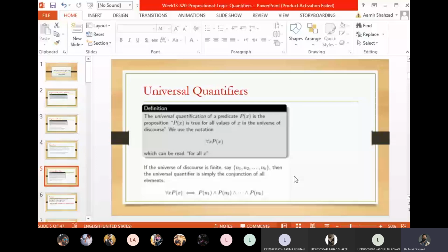So in other words, universal quantifier is a conjunction. It's an AND operator. So for all x, p of x means p of n1 should hold, and it should hold for n2, and it should hold for n3, and it should hold for nk. So this is a conjunction. Universal quantifier is nothing but an and operator.